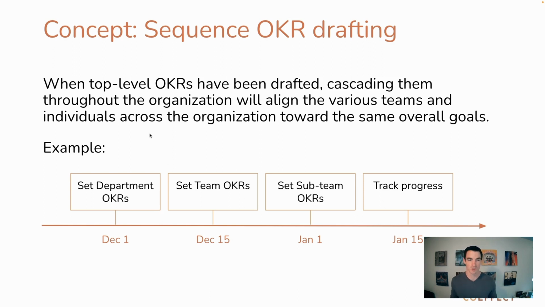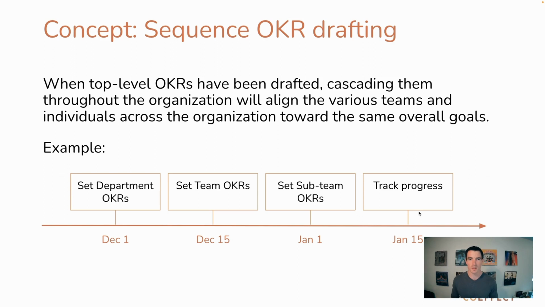So for example, maybe we say, okay, we're going to use the month of December to early January to set all of these objectives and key results. We're going to set our highest level OKRs, maybe roughly the 1st of December. That'll be our deadline. Then we're going to set the next level down, maybe the 15th of December. Maybe we'll set the next level down by the 1st of January, and then we'll start tracking progress there.